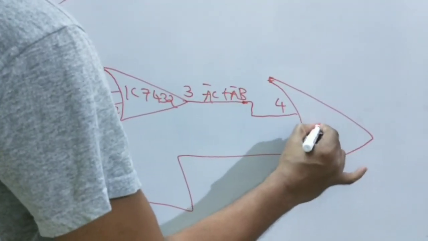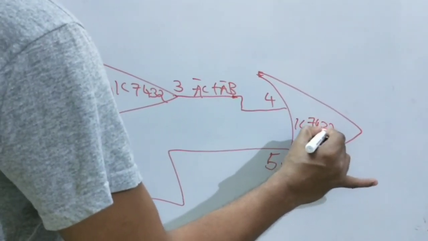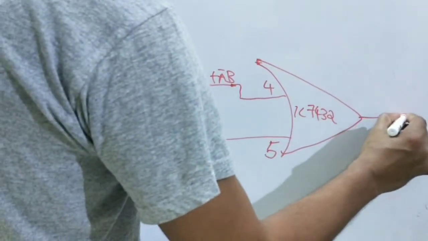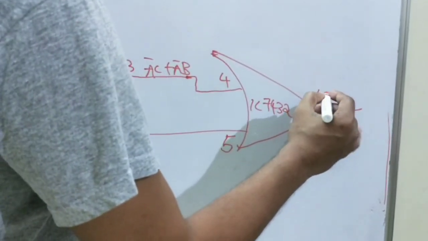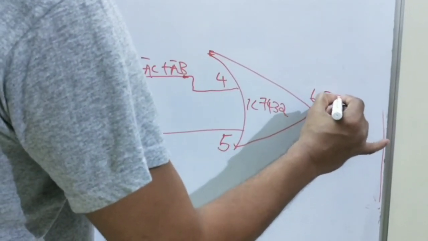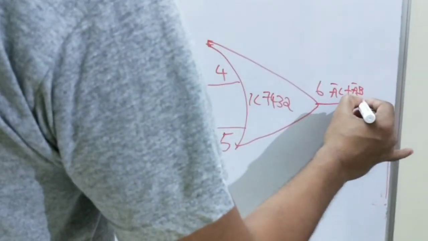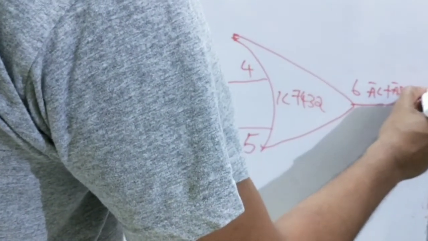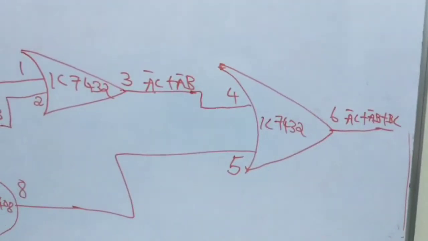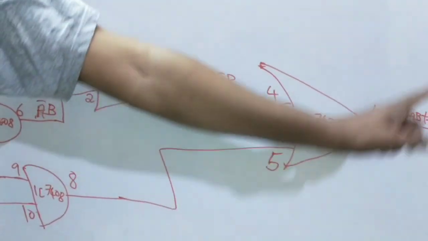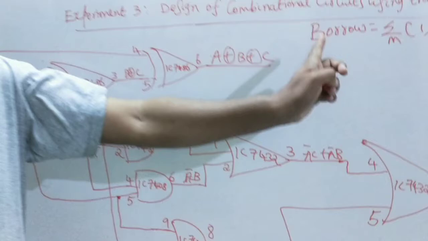So now we have come to the end of the expression. Now we have got the output from the 6th pin, that is A dash C plus A dash B plus BC, right? So this output would be connected to one LED.